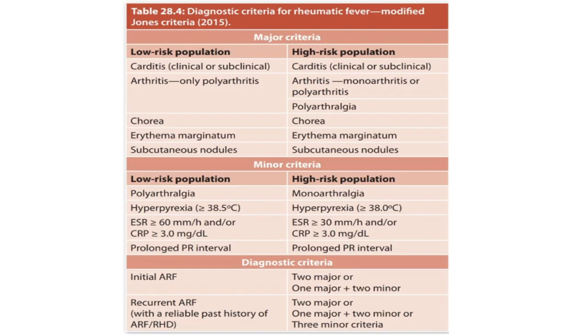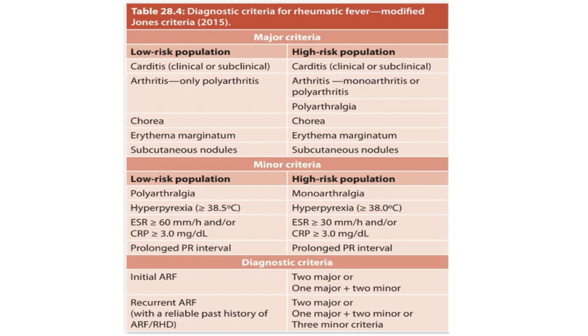Major criteria in a low risk population: carditis, arthritis, chorea, erythema marginatum, subcutaneous nodules. In a high risk population: carditis, arthritis, monoarthritis, polyarthritis, polyarthralgia, chorea, erythema marginatum, and subcutaneous nodules. In minor criteria, in a low risk population, polyarthralgia; in a high risk population, monoarthralgia.